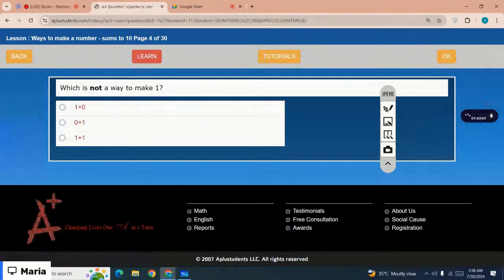Which is the correct option? Not a way to make. Yes, that is 1 plus 1. Option number 3 is the correct option.